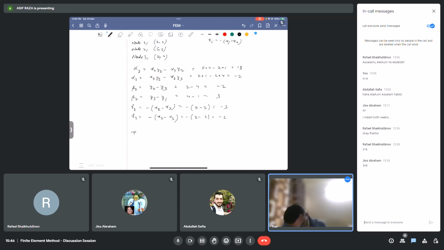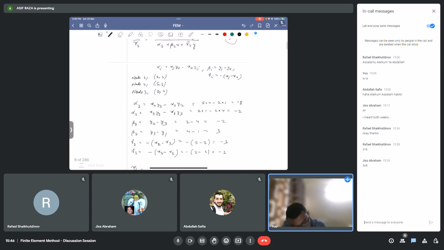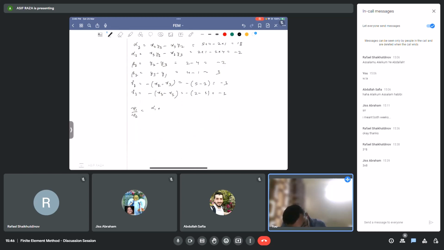Now for psi 1 upon psi 2 we had alpha 1 plus beta 1 x plus gamma 1 y upon alpha 2 plus beta 2 x plus gamma 2 y.